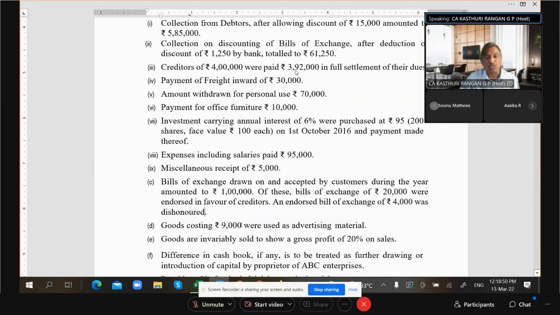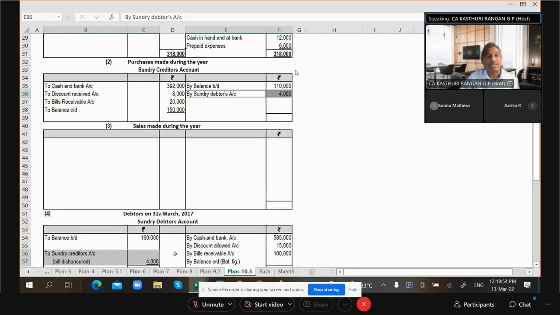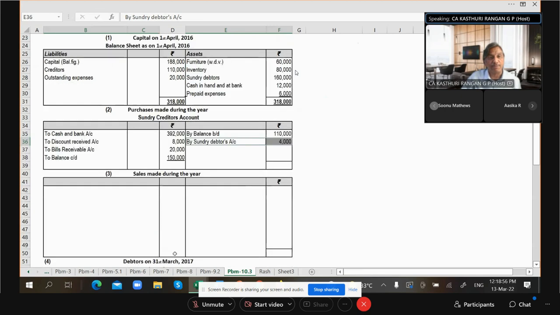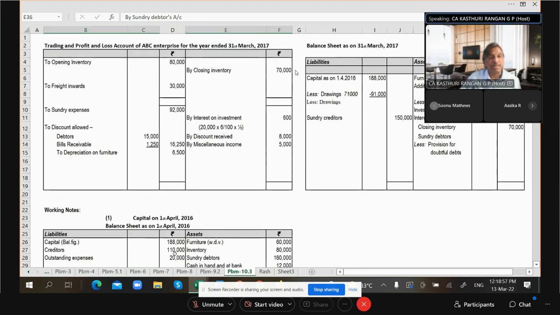Goods costing 9,000 used as advertising material. When you use goods for advertising, what is the entry? Advertisement account debit to purchases. So you have to deduct this advertising from purchases, 9,000.